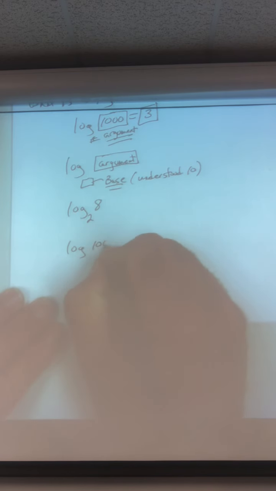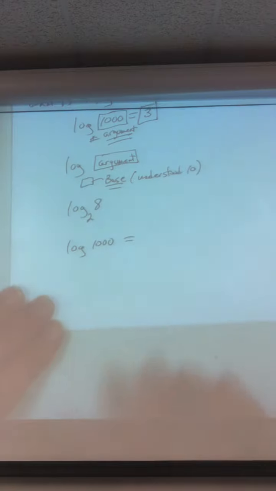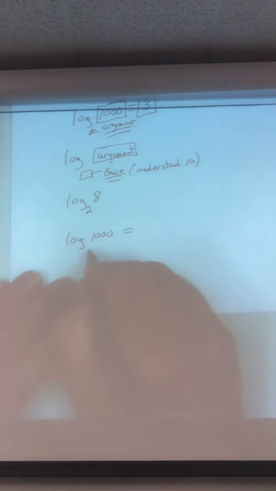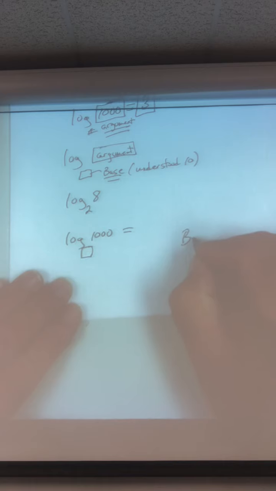So let's write this problem back down again. Okay, let me ask the question that I've already said 2 or 3 times. What is the base in this problem right here? The base is 10.